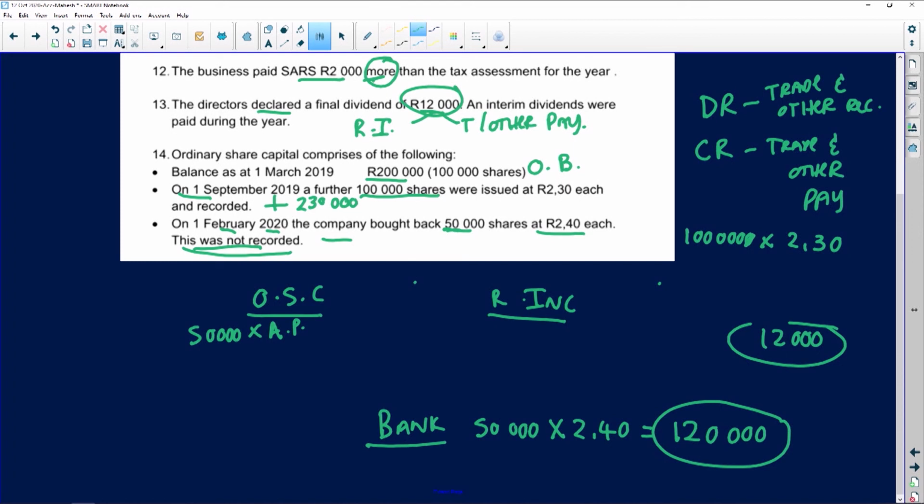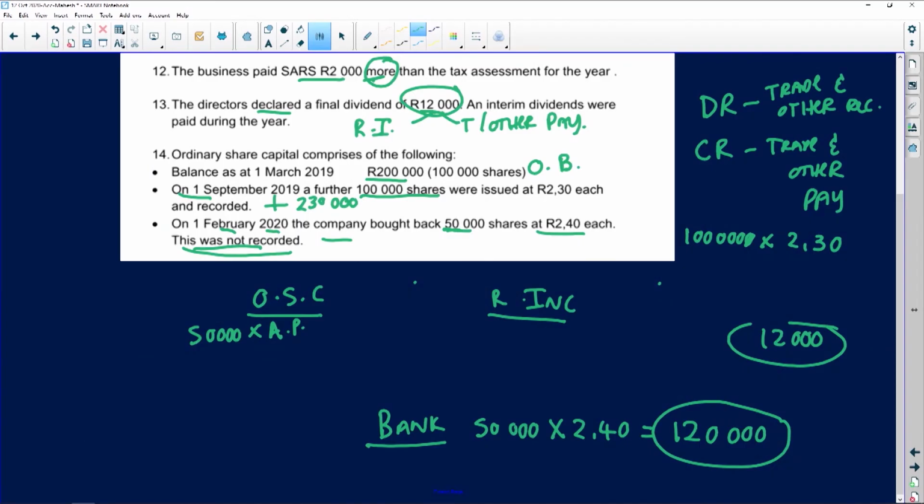For the average price, you take the total rand value of your shares, in other words opening balance 200,000, plus the additional shares that were issued, the capital amount 230,000, and divide this by the number of shares in issue.